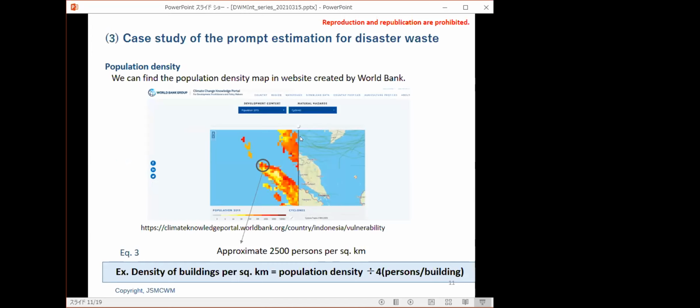So we can know how often a typhoon or cyclone passed around here. And we can know the density of buildings per square kilometer from the population density and the number of people in one house.